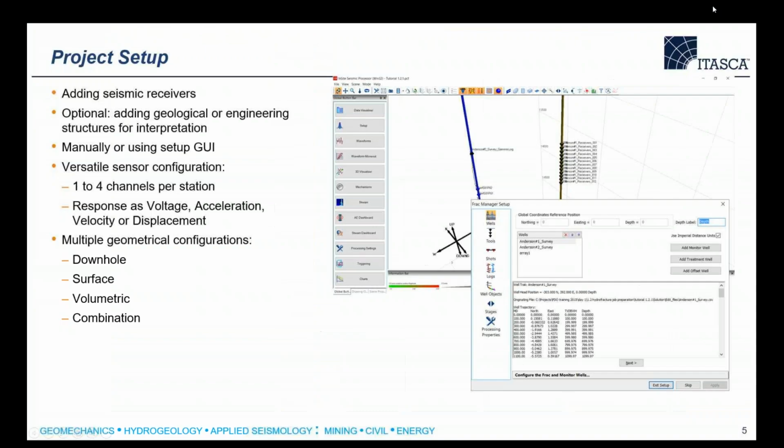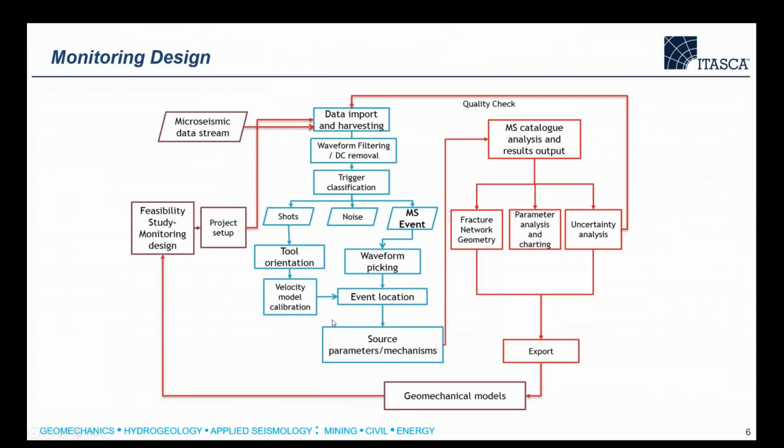Okay. Right, so let's go to the next step, which in fact should be the previous step, but InSite needs this configuration to start with. But we're going back one step, which is a feasibility study, that it's optimizing the position of our tools.